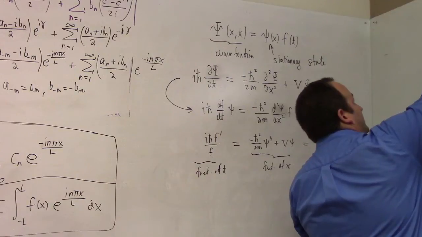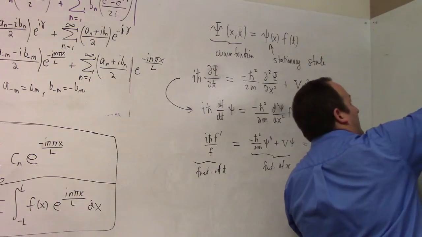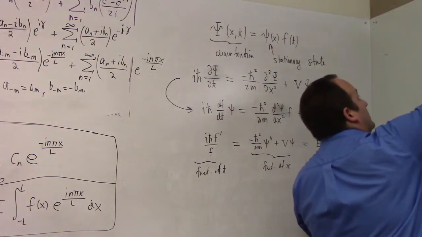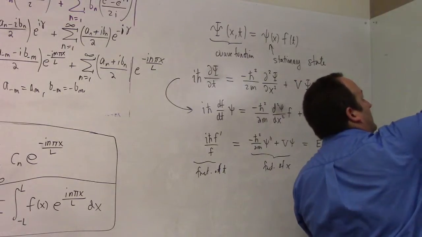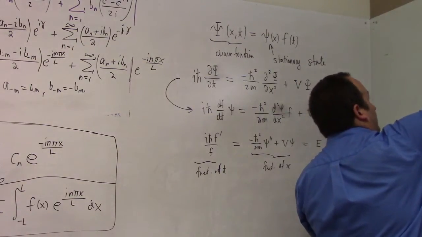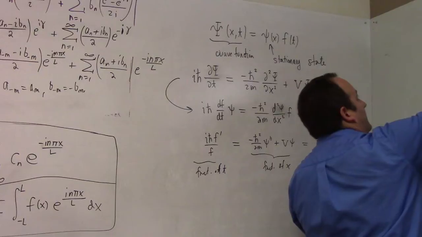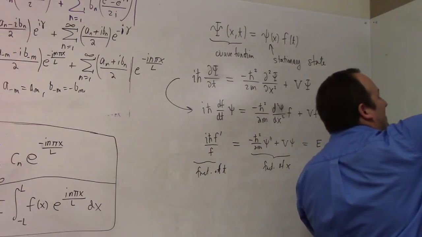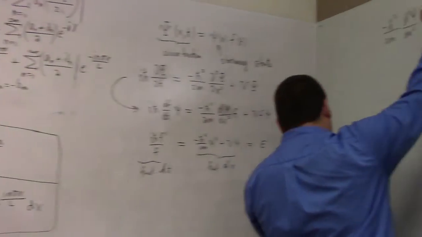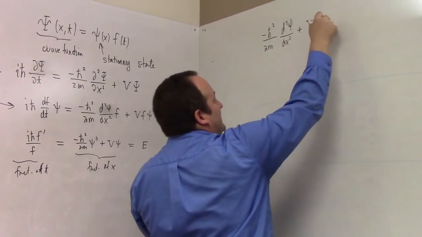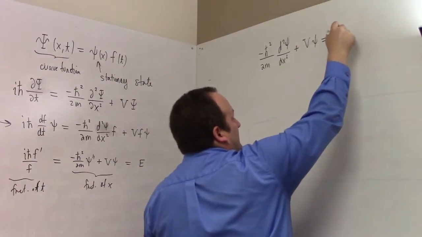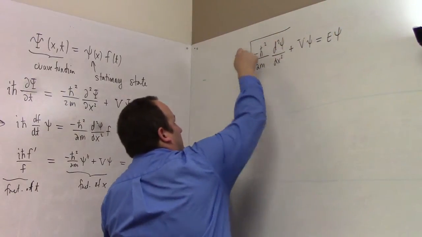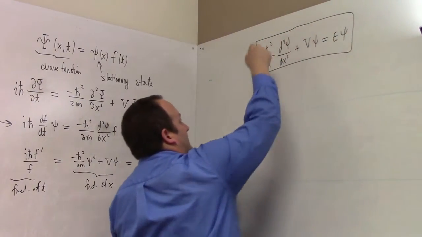We get ourselves to minus h bar squared over 2m d squared psi dx squared plus the potential energy times psi is equal to E psi. This is the time-independent Schrodinger's equation.